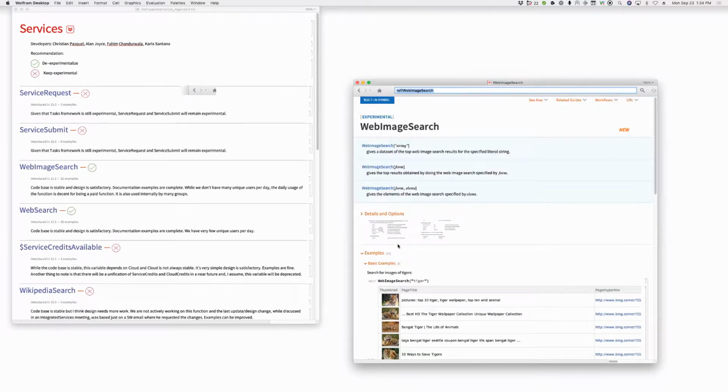What about, is there a second argument? And should we allow something that just says WebImageSearch of tiger, 10 to get 10 tigers as an elision of the syntax? So we're currently using MaxItems for that, and that should be a third argument because the second one is the element you want to get, right?